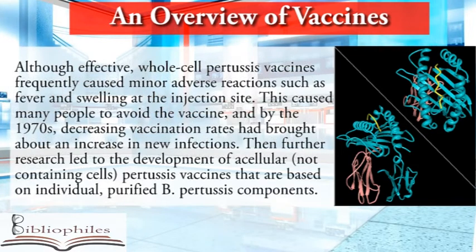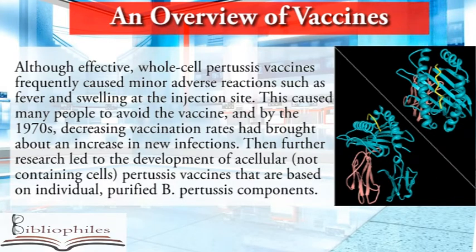And by the 1970s, decreasing vaccination rates had brought about an increase in new infections. So then, further research led to the development of acellular pertussis vaccines that are based on individual purified B. pertussis components. These vaccines are similarly effective as whole cell vaccines but much less likely to cause adverse reactions.